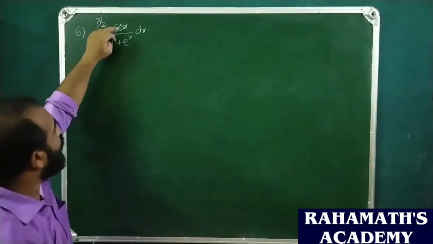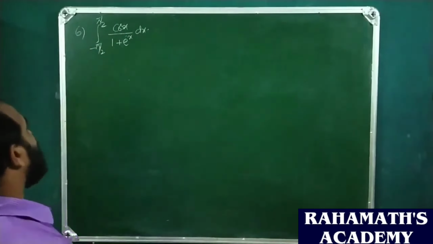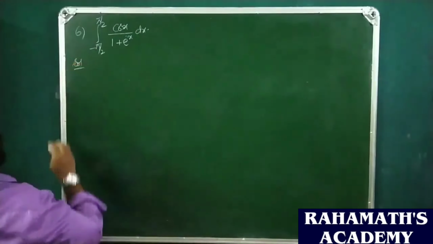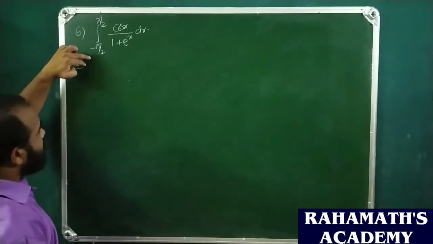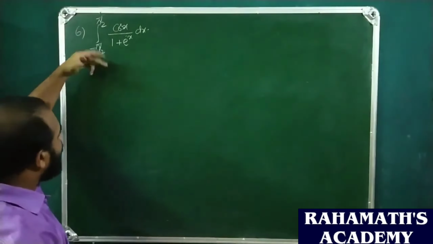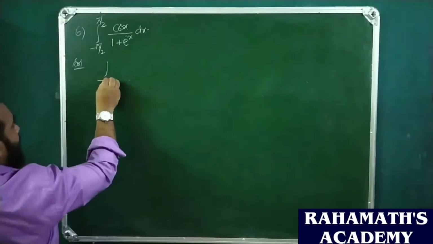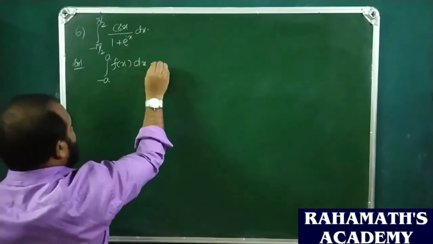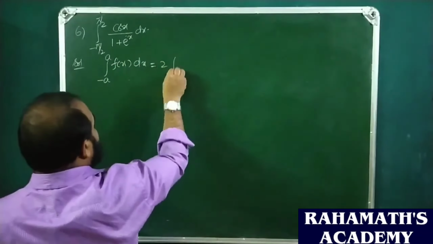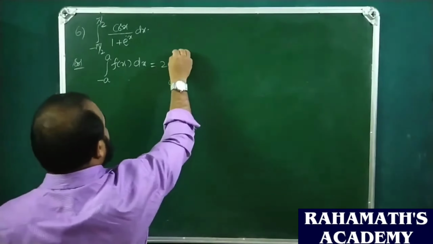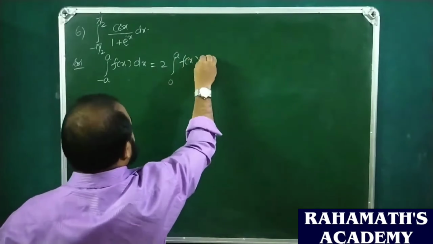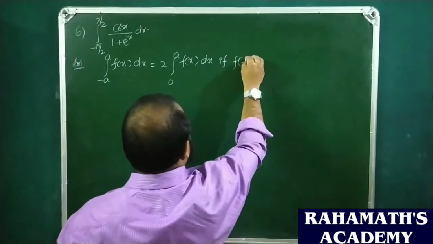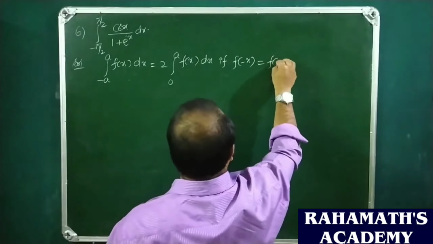The next problem: the integral from minus pi by 2 to pi by 2 of cos x by 1 plus e power x dx. This seems to be of the property of the integral from minus a to a of f of x dx. This equals 2 times the integral from 0 to a of f of x dx if f of minus x equals f of x.